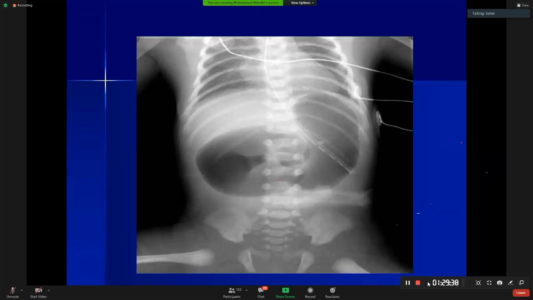It has a bilobed appearance, in which one lobe is the stomach, and I cannot appreciate any distal bowel gas or rectal air.